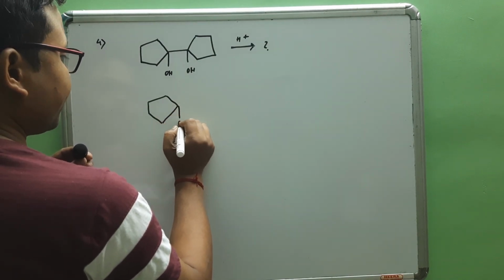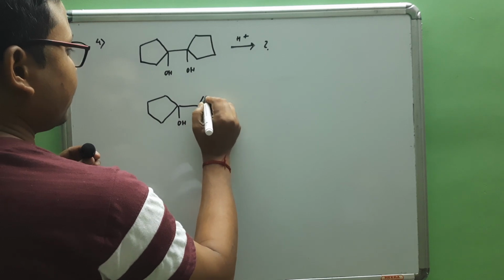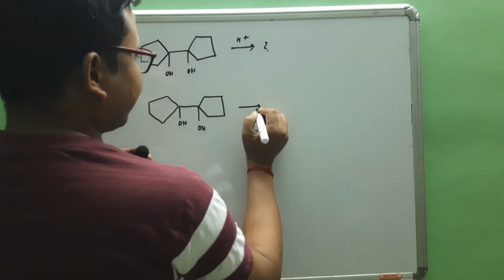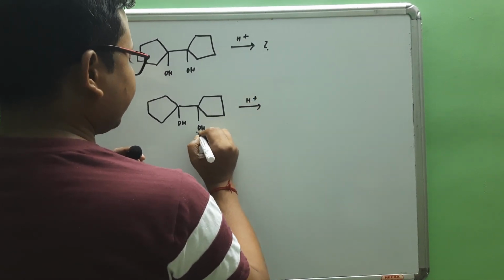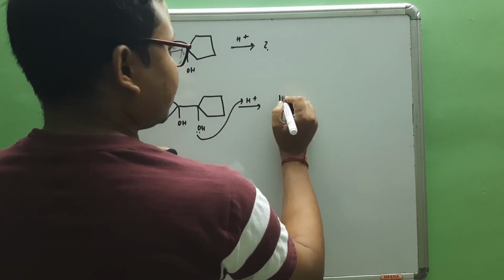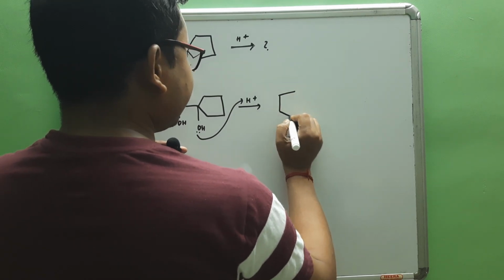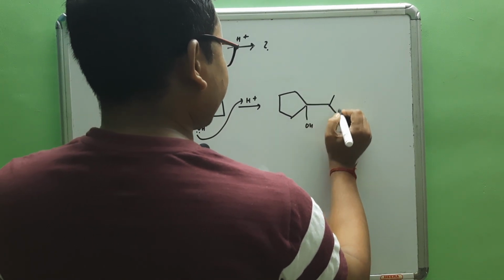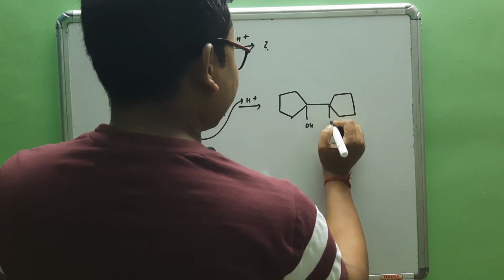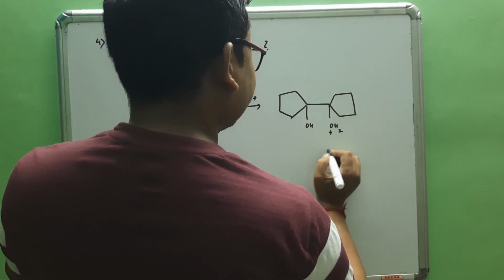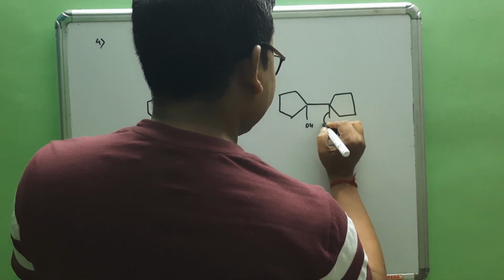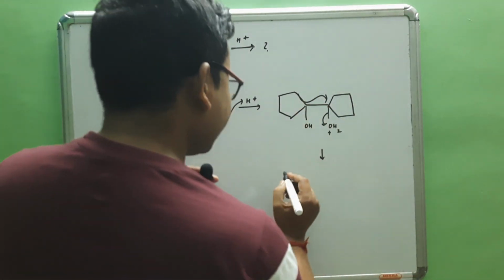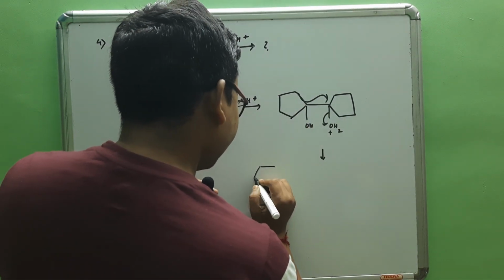So H plus, like this. H2O plus will be eliminated like this, and the bond shifting occurs. This is a 5-member ring, and after forming, this will be formed as a 6-member ring.